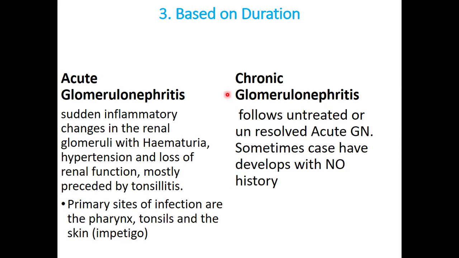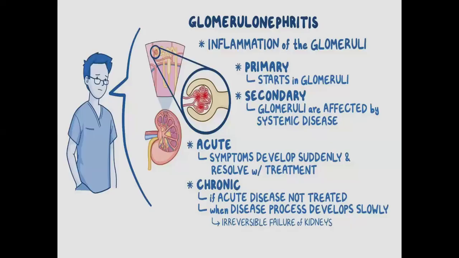So edema rapidly manifests. Then we have chronic glomerulonephritis, which of course follows untreated or unresolved acute glomerulonephritis, or repeated episodes of acute glomerulonephritis, which is considered as chronic glomerulonephritis. So those are the classifications.